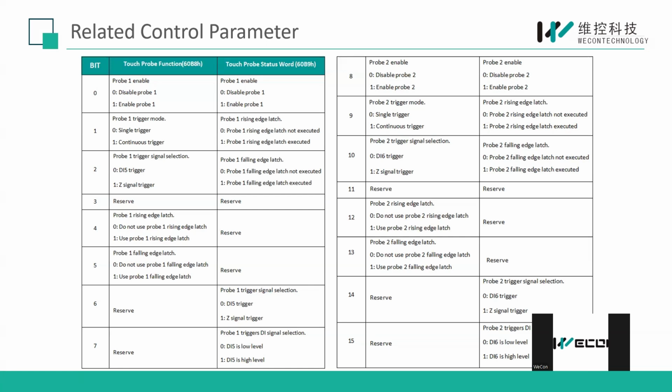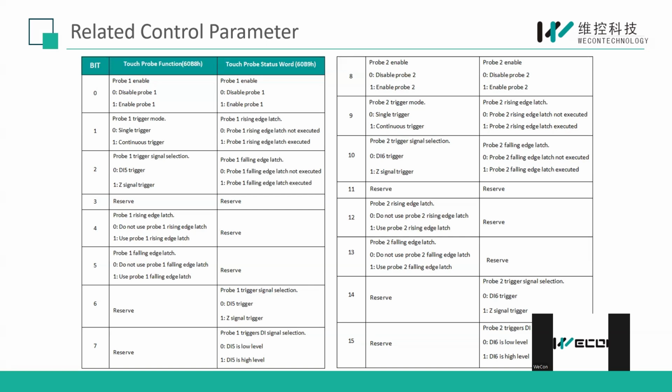This is single trigger, but if we set it as continuous trigger, then every time when the trigger signal coming, the driver will read the position and update it to the object dictionary where we store our position information.